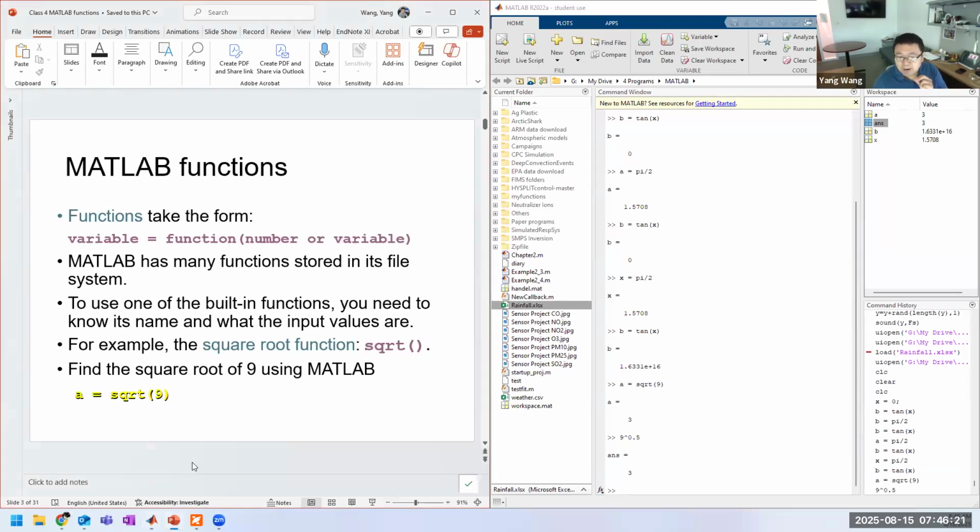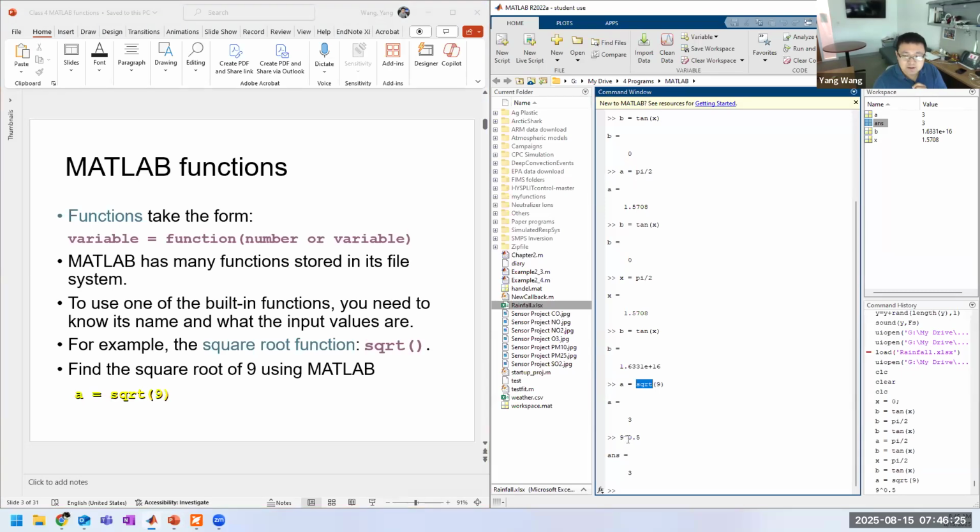There are some minor differences in the square root function and the power function, right? If you use this form to calculate the square root, I think that's related to the complex number, which is sort of out of our boundary for our engineering classes, but we'll briefly talk about the complex number later on, right?